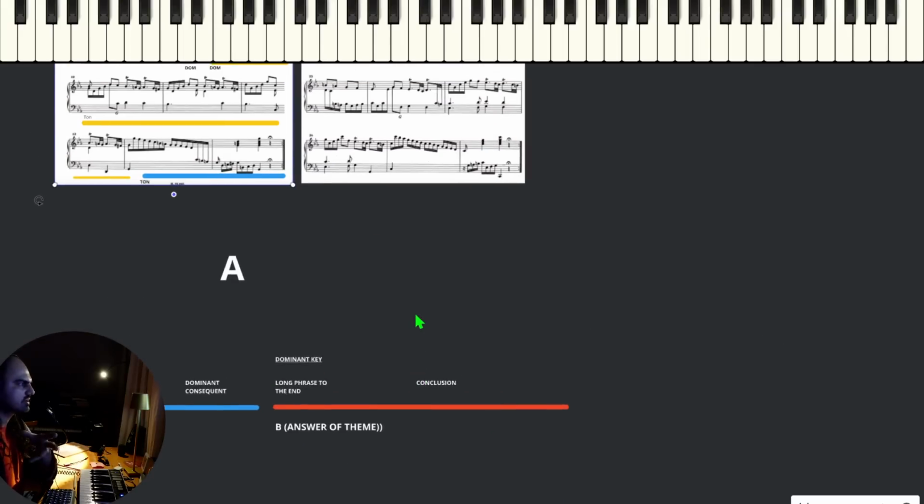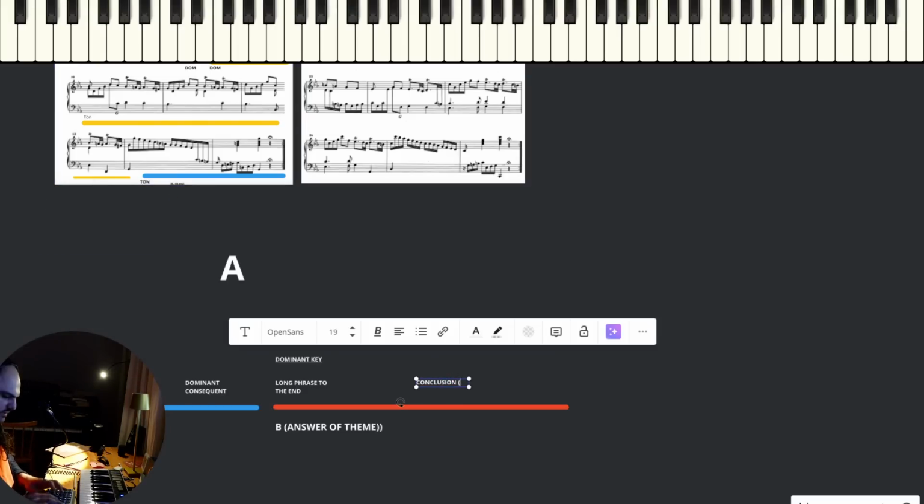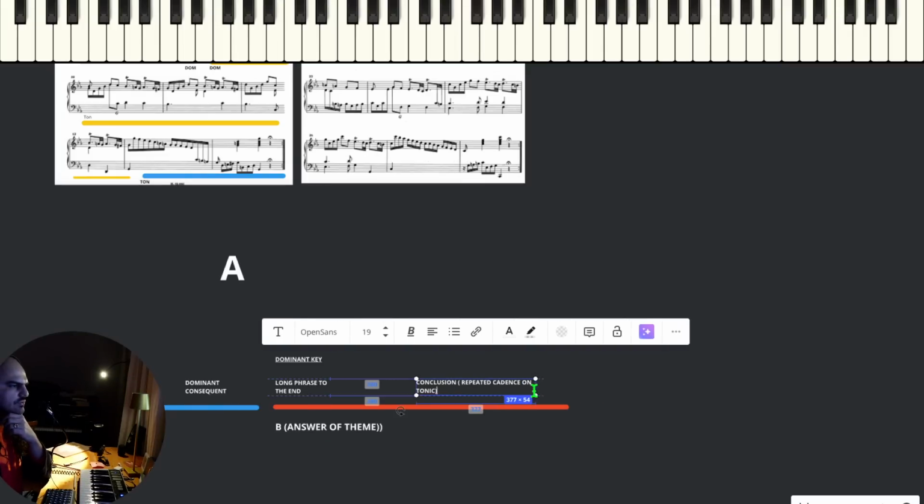Not only perfect cadence, okay? So, I think this is the key takeaway. So repeated cadence on tonic.